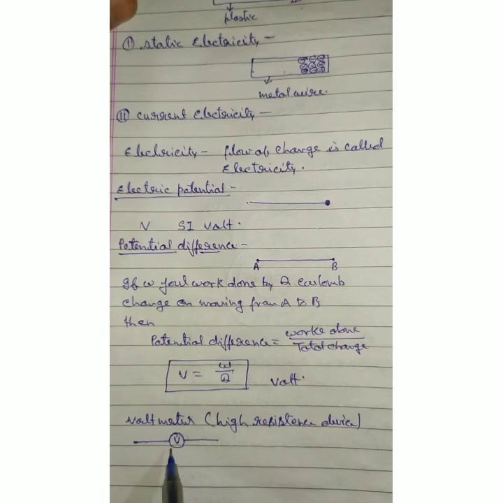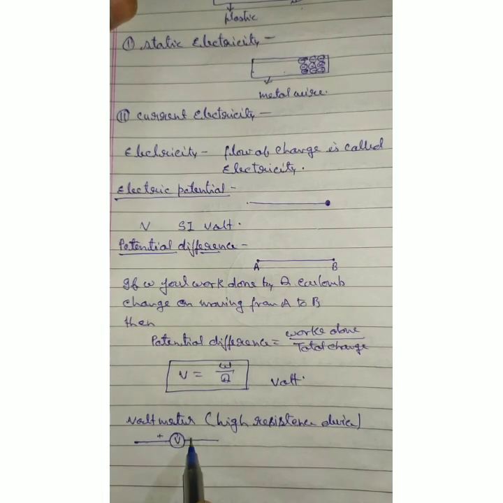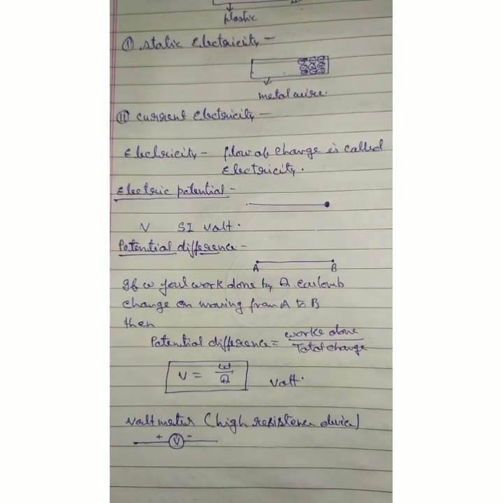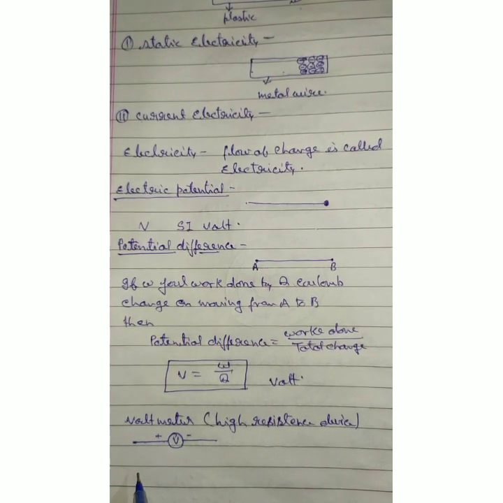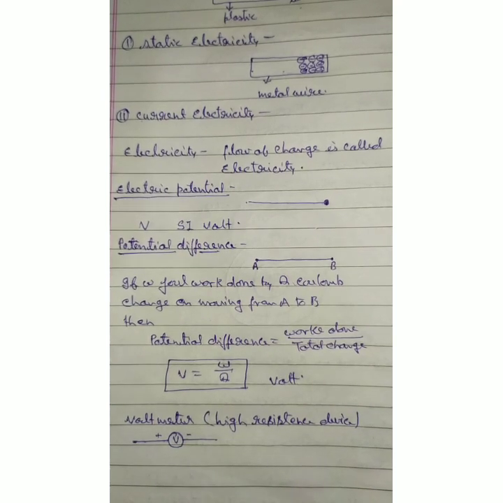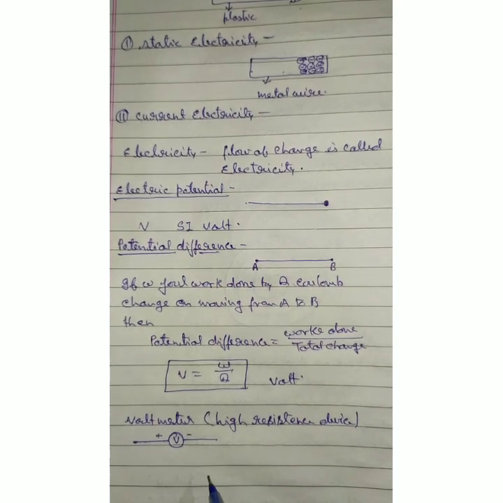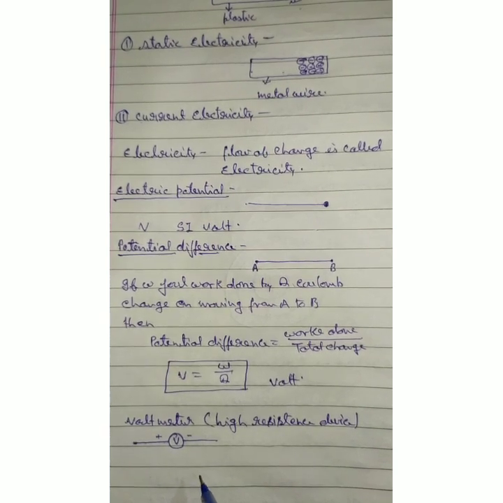Every voltmeter contains two terminals, one positive and another negative. The positive terminal connects to the positive terminal of the battery that is connected in the electric circuit, and the negative terminal is connected to the negative terminal of the battery present in the electric circuit.